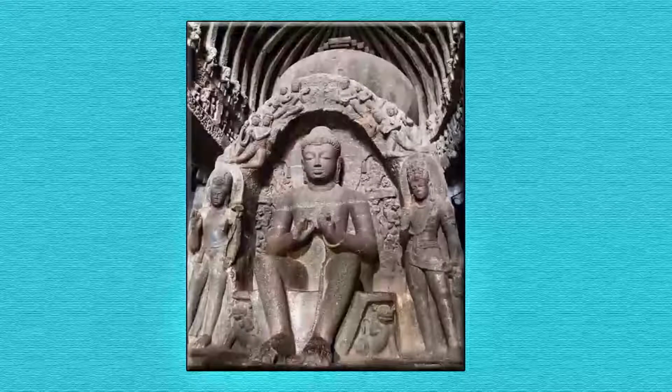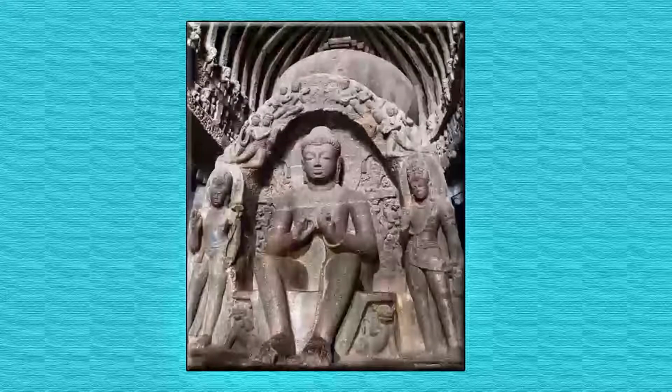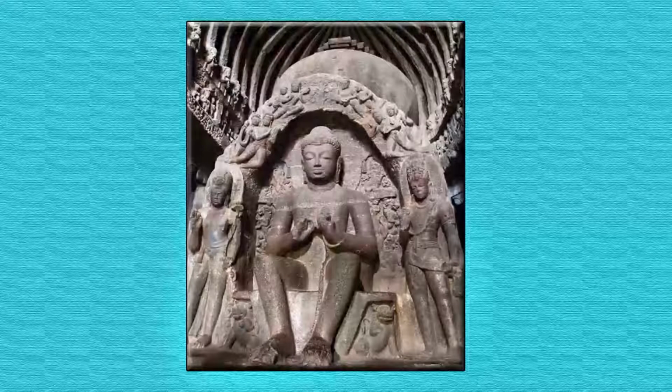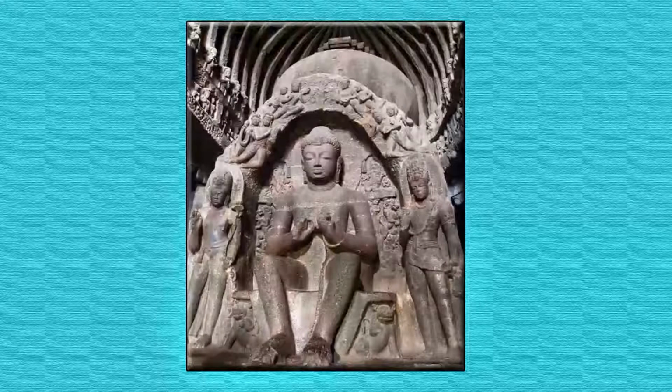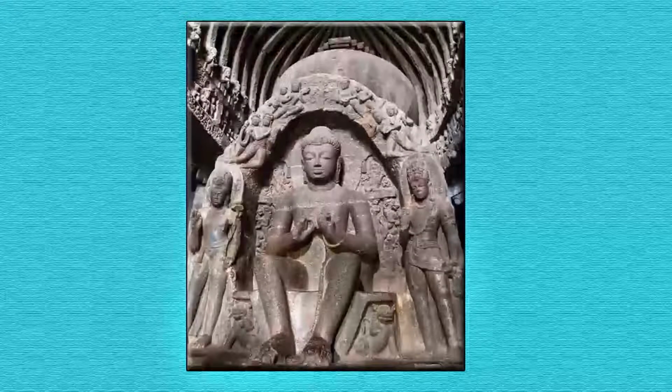For example, this one. This is an example of a sculpture, an image of a Buddha made in stone, which is part of the cave in which it is located. In fact, it has not been made or carved separately and put. This particular image of Buddha was carved out simultaneously when the entire architecture was being carved out.